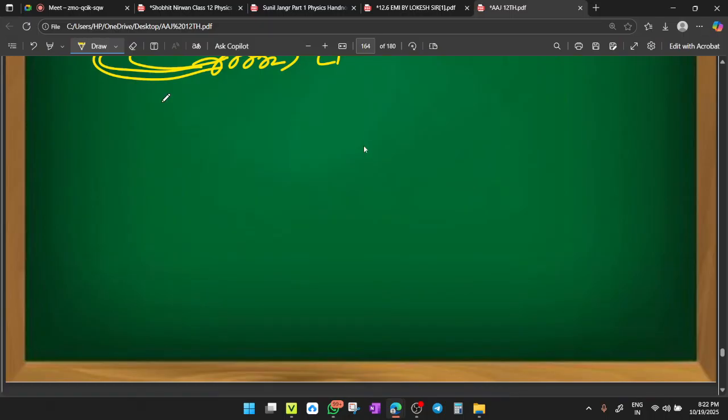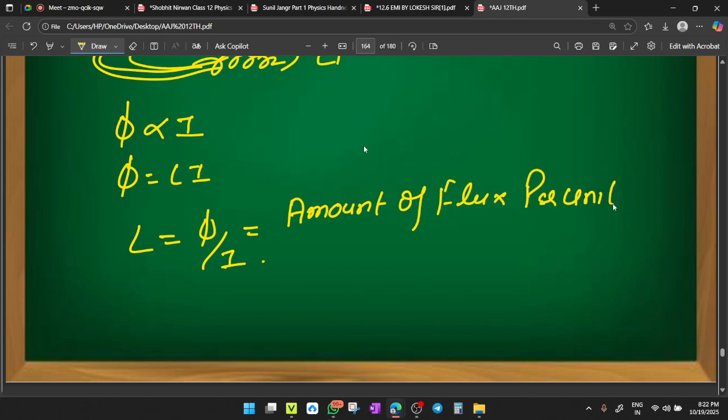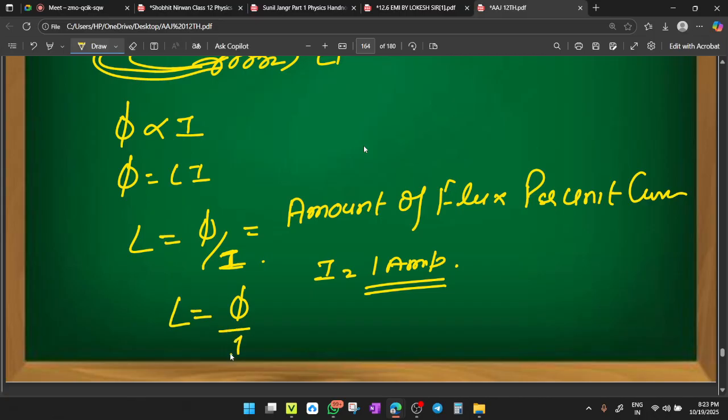See, we have the formula phi is proportional to I, so phi equals LI. Now L equals phi upon I. Phi upon I means the amount of flux per unit current. Now, if I equals 1 ampere, place the value: L equals phi divided by 1.